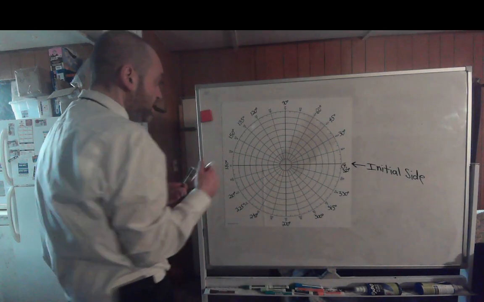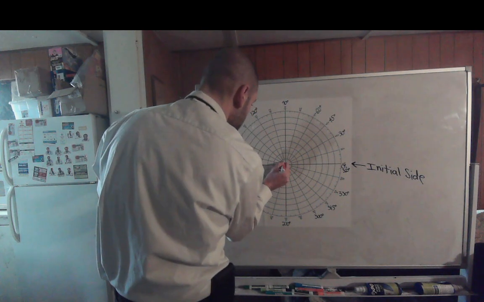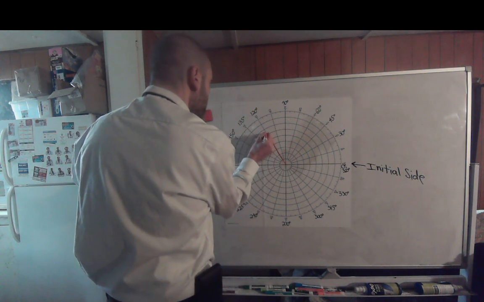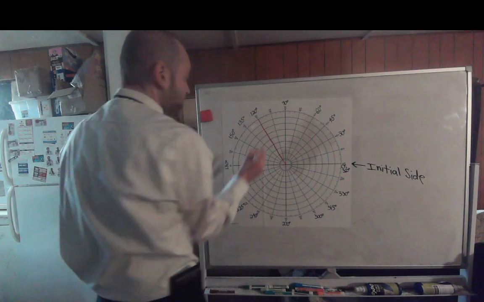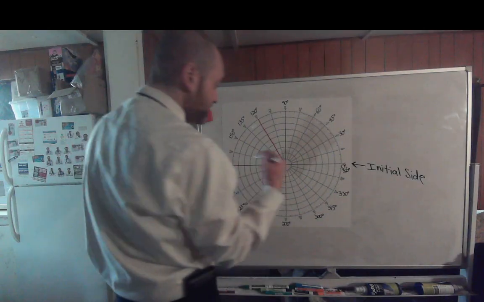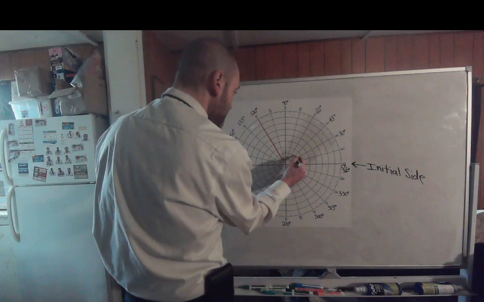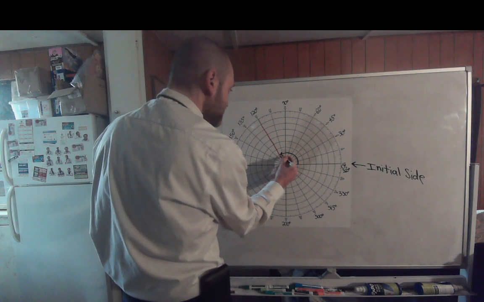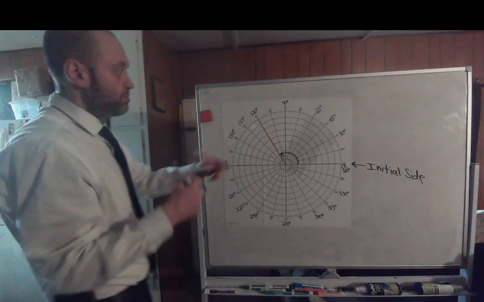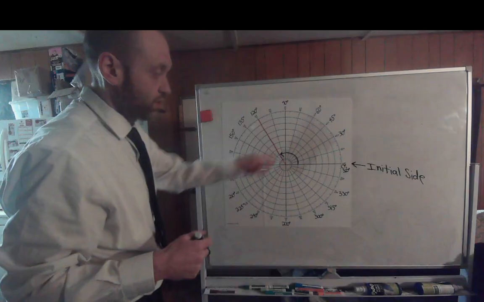So now I can do 120 degrees, which would be 2 pi over 3 radians. So this time the initial side's not going to change. That's the positive x-axis, but it comes all the way into the second quadrant. So my terminal side is at 2 pi over 3, or 120 degrees.